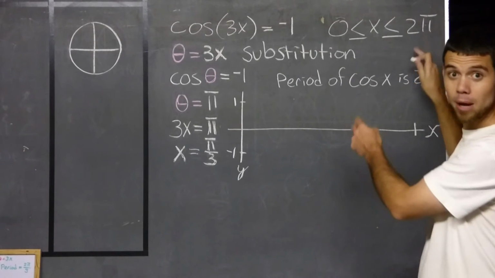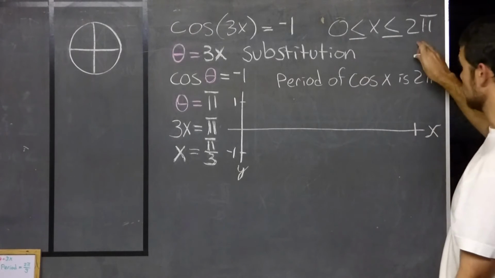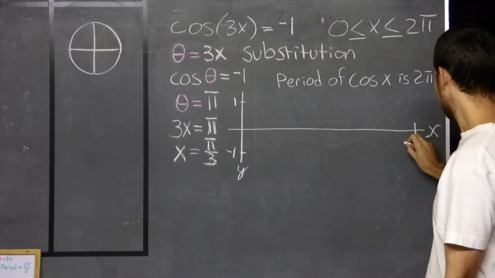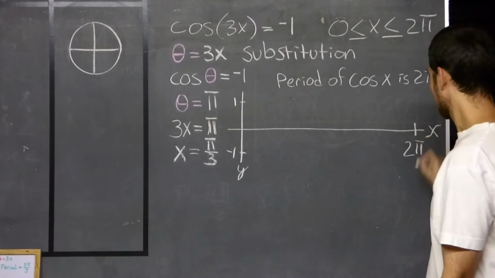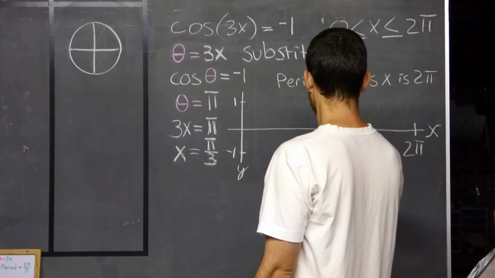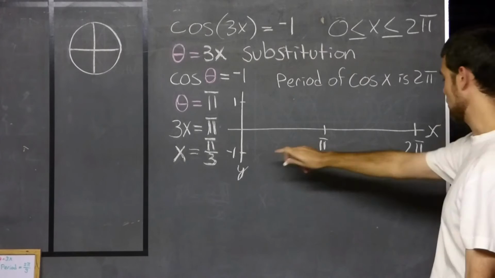We also know that the domain we're interested in solving this problem is from 0 to 2 pi, so from 0 we'll say to 2 pi here. So pi is halfway from 0 to 2 pi.